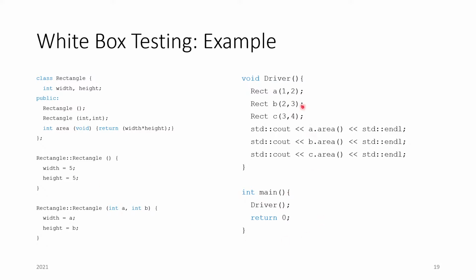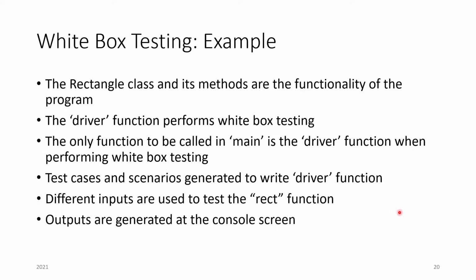Only the driver function will be modified. This explanation is basically on the slides: it's just the driver function that you're required to modify to perform any of the white box testing, and all your test cases and scenarios will be placed inside it. All the generated outputs will go to the console stream.